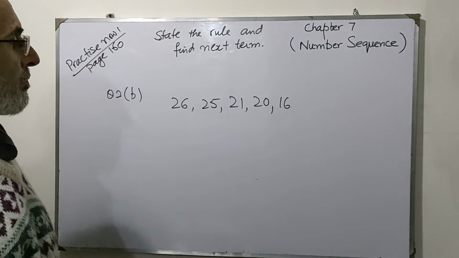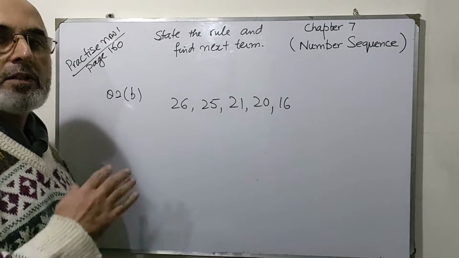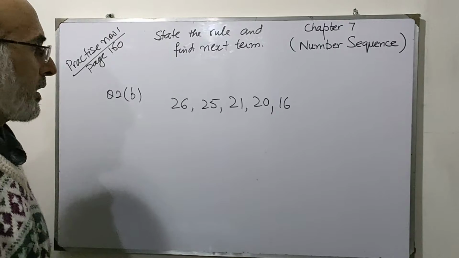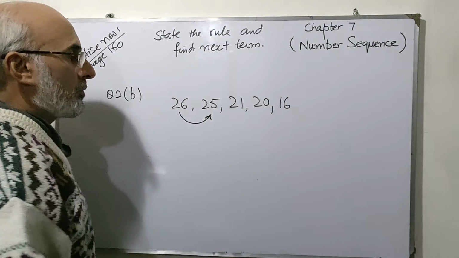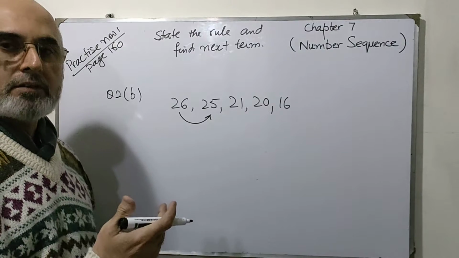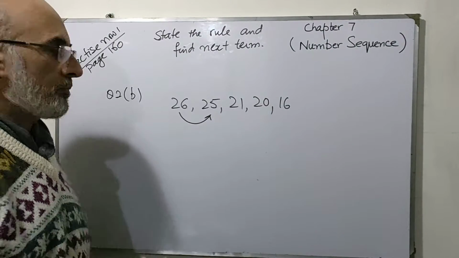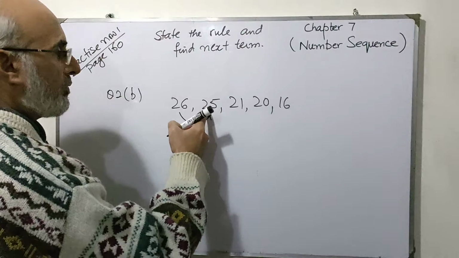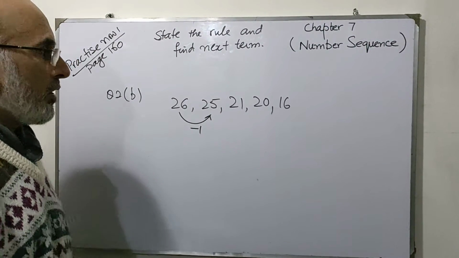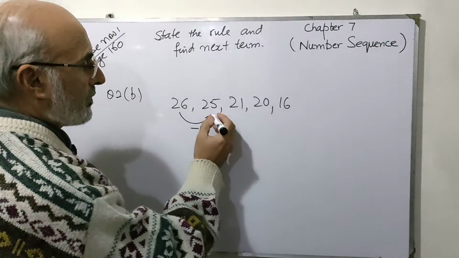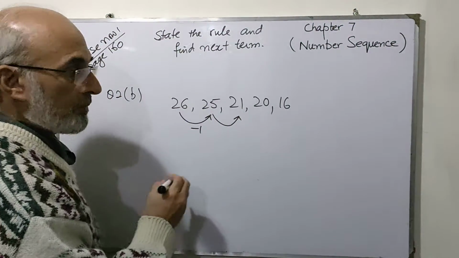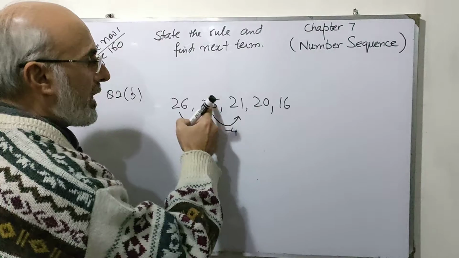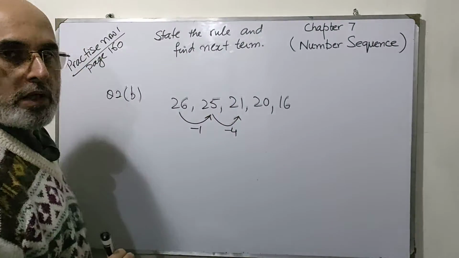So let's see what is happening from term 1 to term 2. If we move from term 1 to term 2, term 1 is decreased by 1, so -1, and we get 25. Now coming to term 2, we see that it is decreased by 4, 25 minus 4, we get 21.